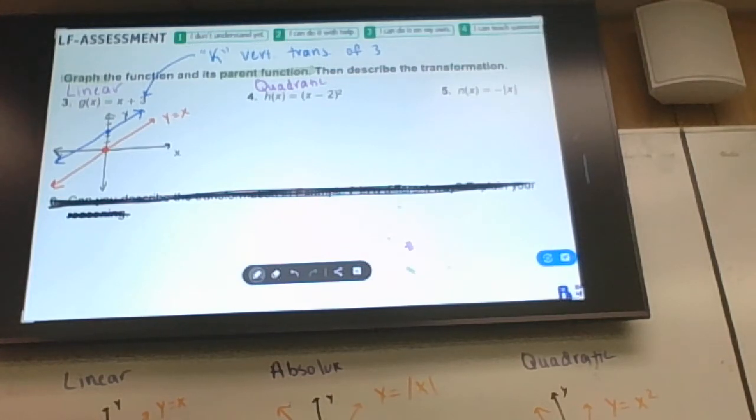Draw the parent quadratic function. Hand out. You know it's helpful. So all the parent functions there. Use it. The more you look at it, the quicker you're going to memorize it.